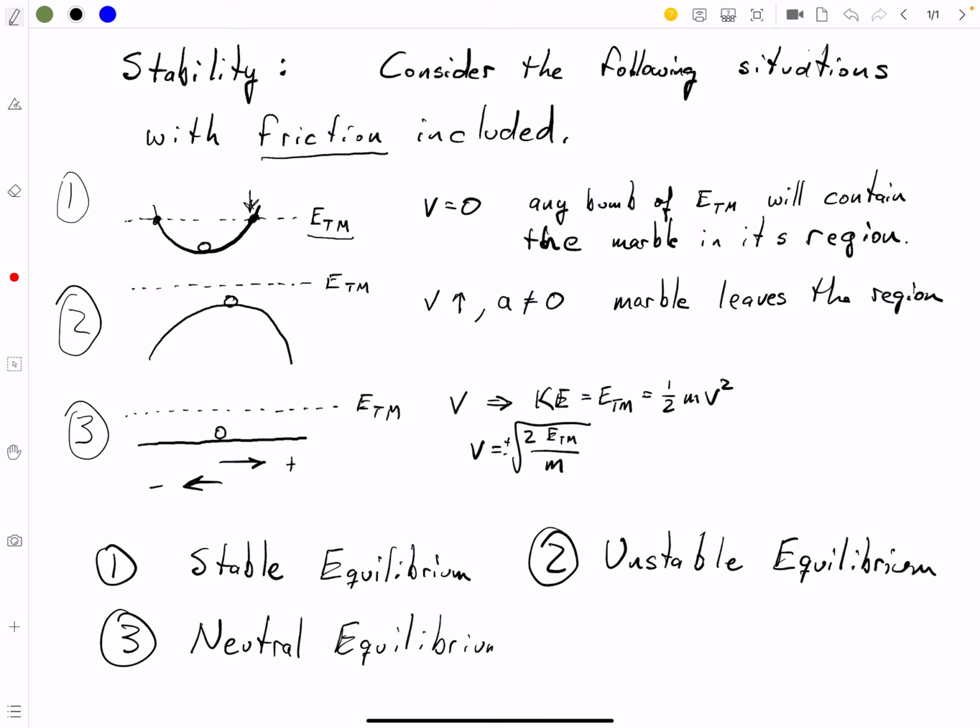Friction, you guys are going to hear me say this many times, but friction drives a system into equilibrium.